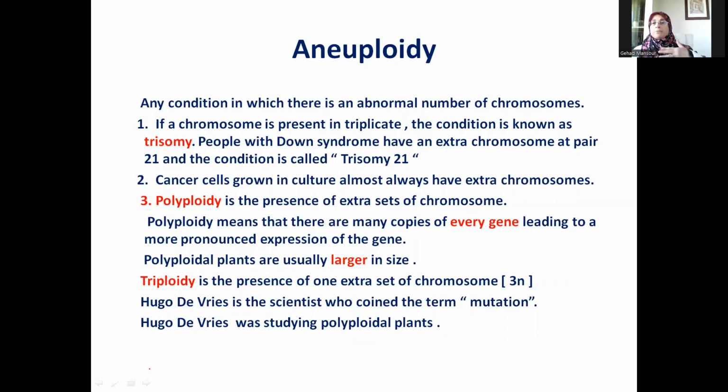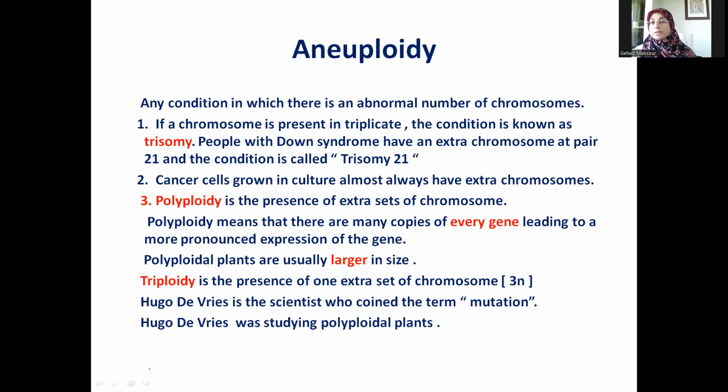Polyploidy means that we have not one extra chromosome, but one set of chromosomes in excess, meaning that instead of having 2n, we might have 3n or 4n or 6n. So there is duplication of the whole chromosomal number.